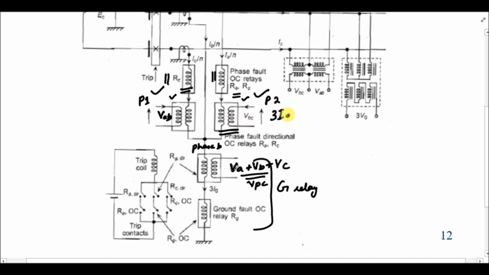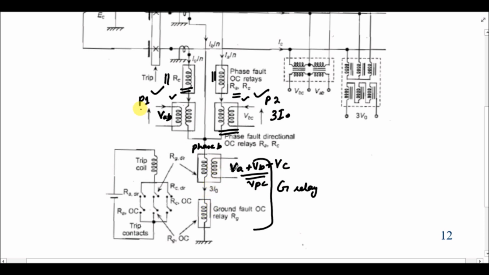So we don't have to use the ground fault relay separately for the three phases, because we are using the currents from all the three phases as an input to the directional element of the ground relay. So the current in case of ground fault will be 3I0 and will surely be passing through the ground relay.